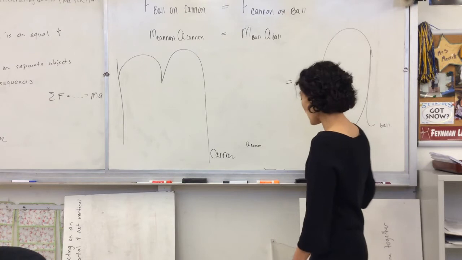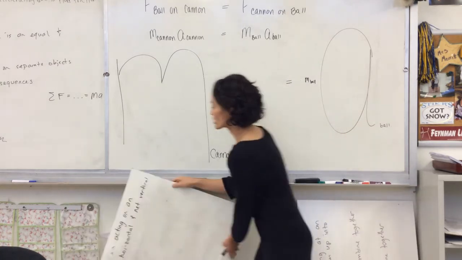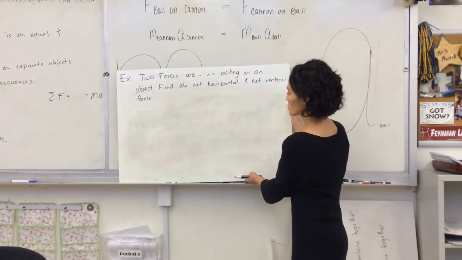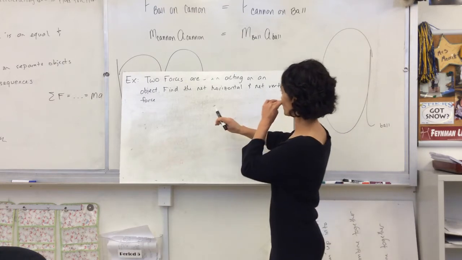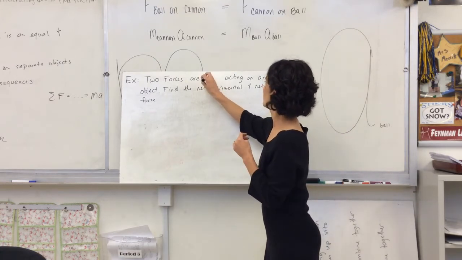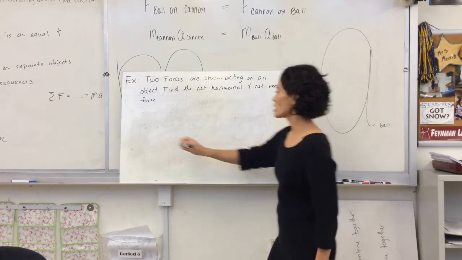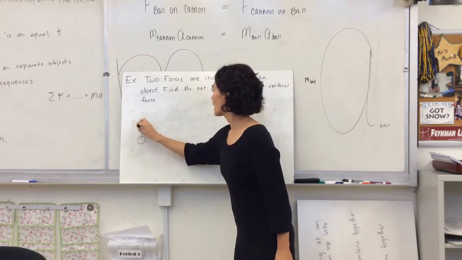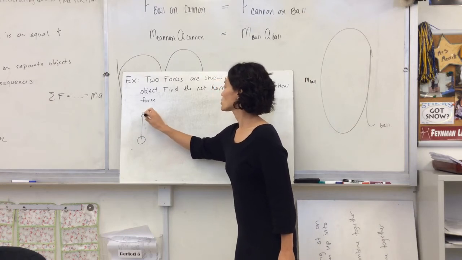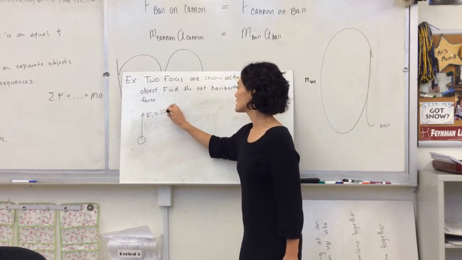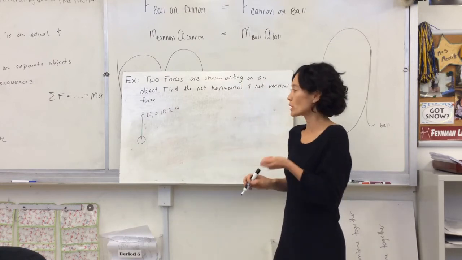So I just want to go through one example of a case where you do have one force that is going at an angle. In this situation, it says two forces are shown acting on an object, find the net horizontal and net vertical force. So if I have an object and I have one force, I'm going to call that force 1, and it is 10.2 newtons. It's being pulled upwards.